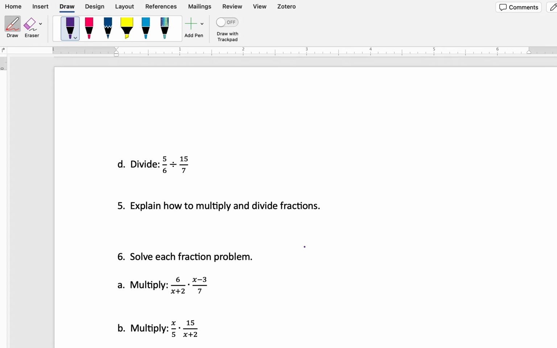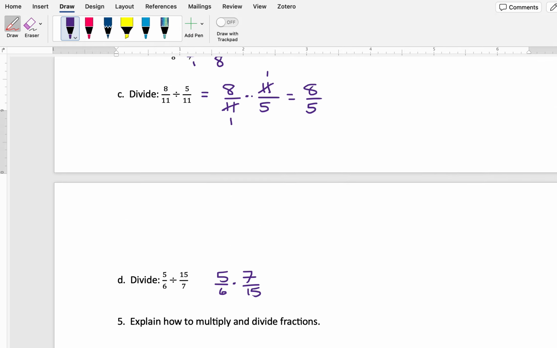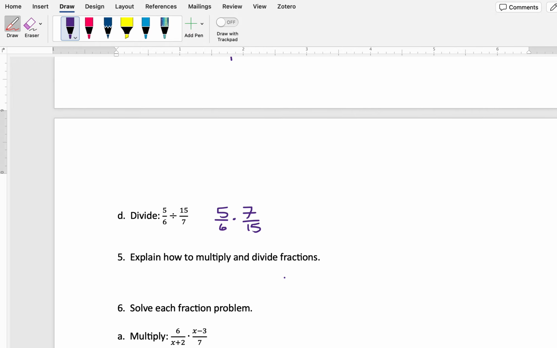And for my final numerical example here, we have 5/6 divided by 15/7. So first we rewrite it as 5/6 times, flip the second fraction, so we get 7 over 15. Now, one thing that I've been doing as I've been canceling is writing 1s. That's not really super important here when I'm canceling the same number, but sometimes what I can simplify isn't exactly the same number, but I can still simplify a common factor.